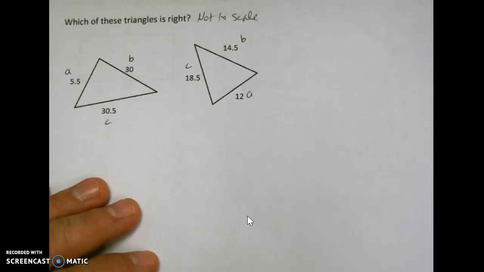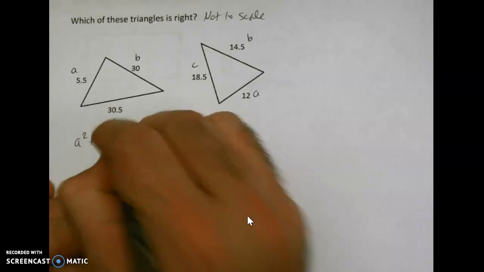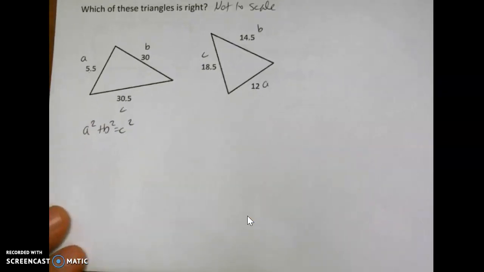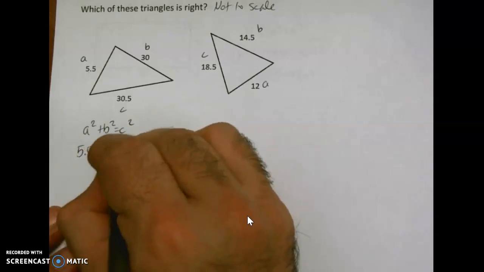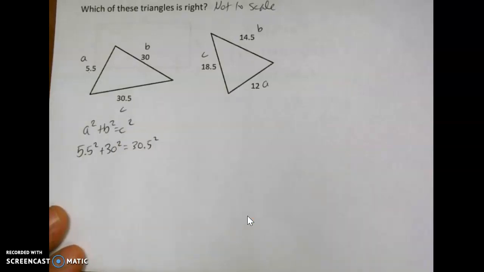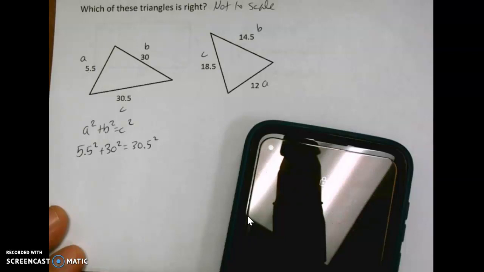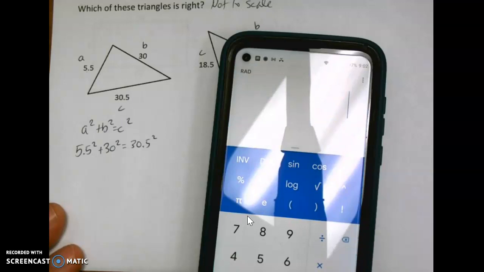Okay? So I want to test, does a squared plus b squared equal c squared in either case? I need to see 5.5 squared plus 30 squared. Does that equal 30.5 squared? Well, let's see. 5.5 squared plus 30 squared equals 930.25.